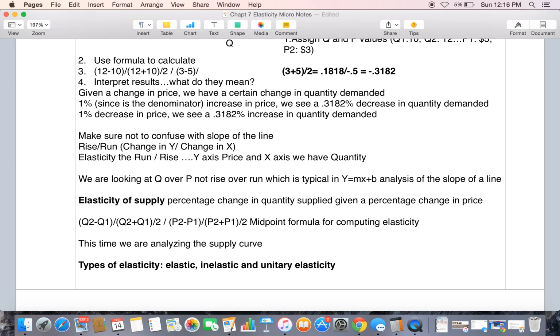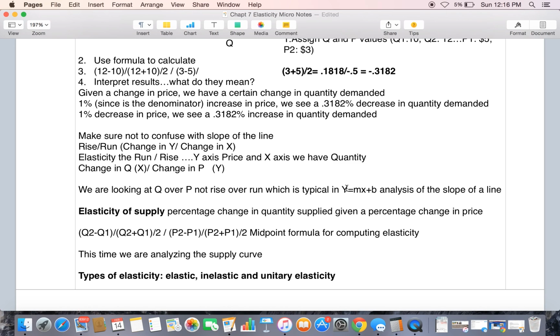So we're looking at the change in quantity given a change in price. That would be the x-axis over y.